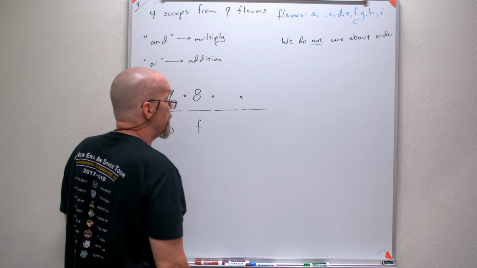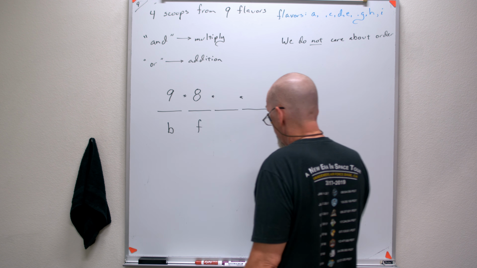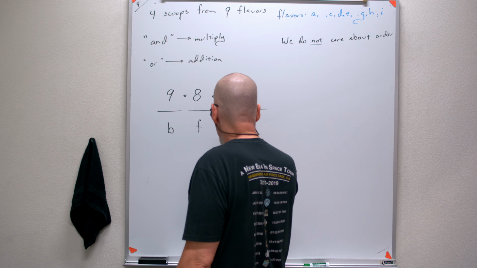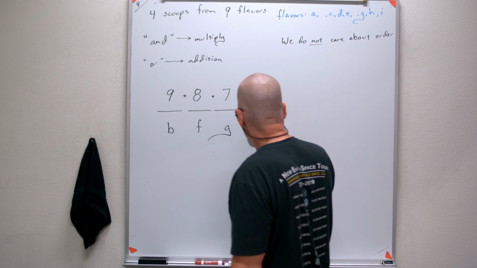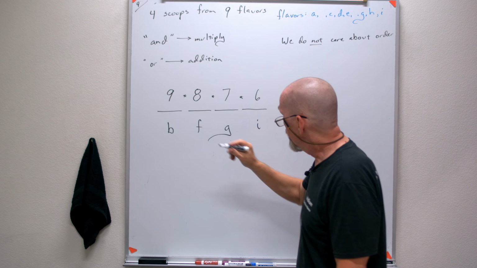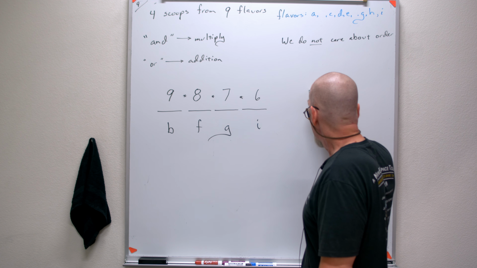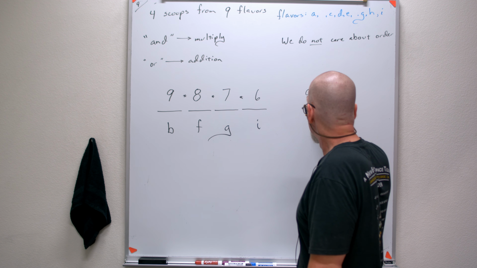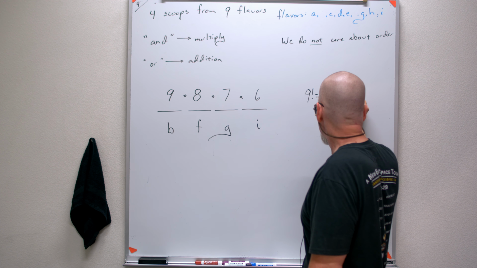Maybe I look up there and I'm like, well, once I've removed F, I really like flavor G, so I grab it. Well, there's 7 options there. You can kind of see we're setting this up as, the last one was I, so this looks like the beginning of what's called a factorial. And it is. A factorial would just be 9 times 8 times 7 times 6 times 5, all the way down the list till we get to 1.